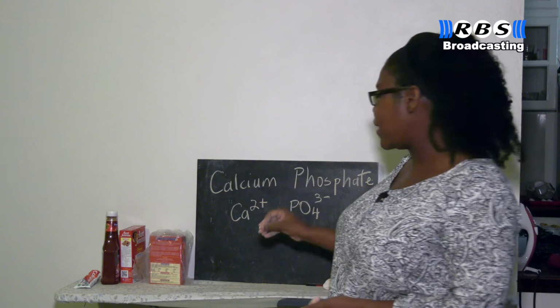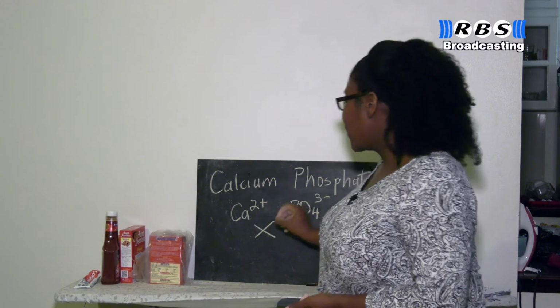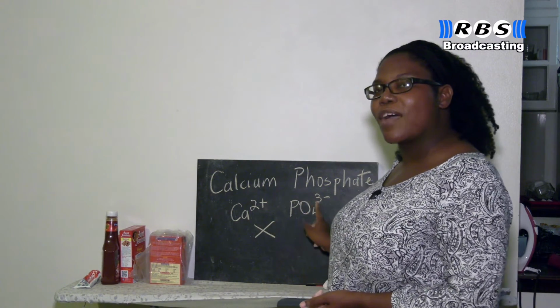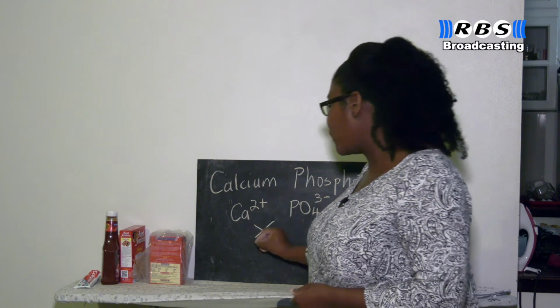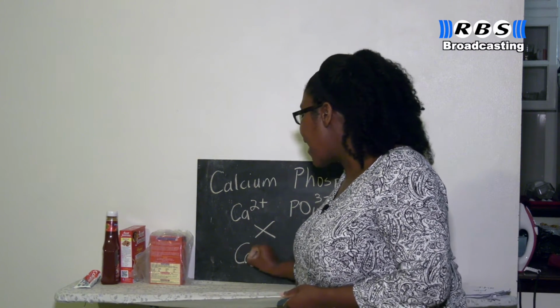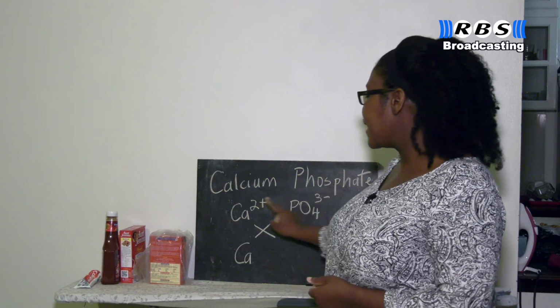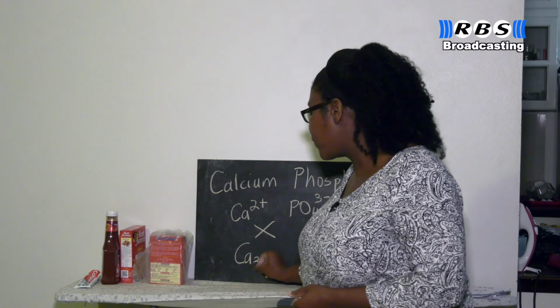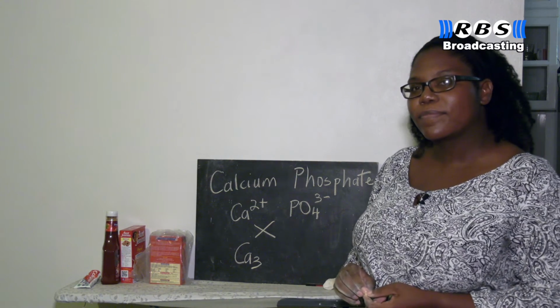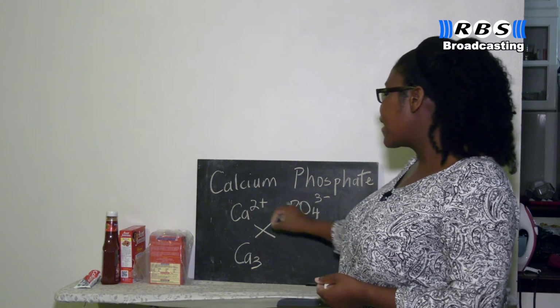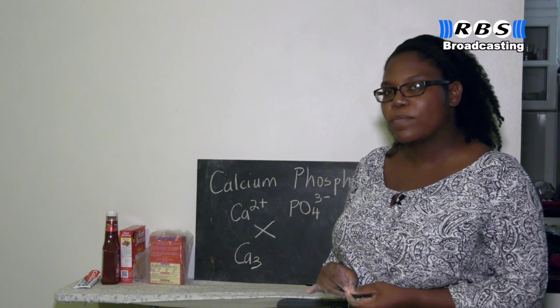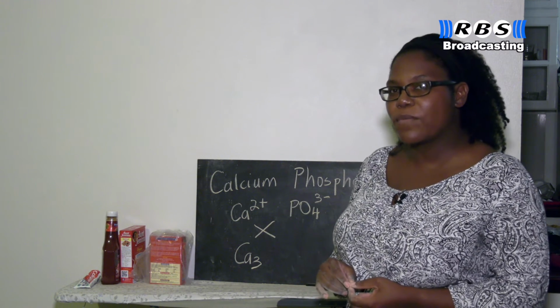Let's write the formula. We swap the numbers on the charges and drop them into place. So the calcium will be getting the number 3. The phosphate would be receiving the number 2. 2 is greater than 1.